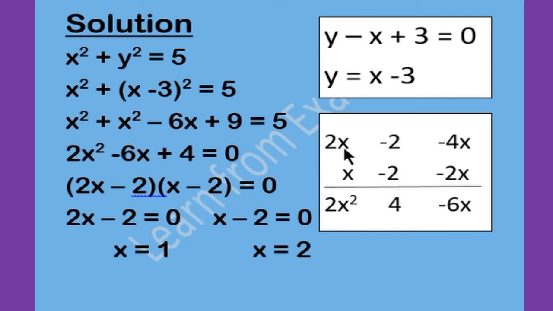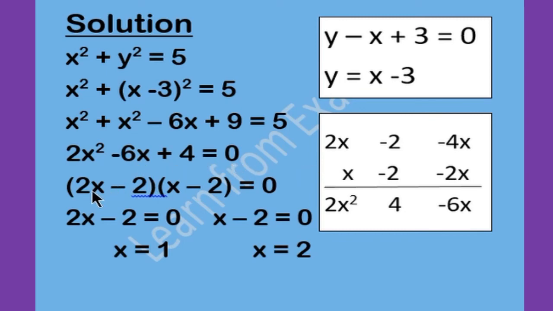So when we multiply these two, we get 2x squared, which is the first term. When we multiply these two, we get 4, which is the third term. And when we multiply these two, we get -4x, and when we multiply x and -2, we get -2x, and when we add these two, we get -6x, which is here, right?